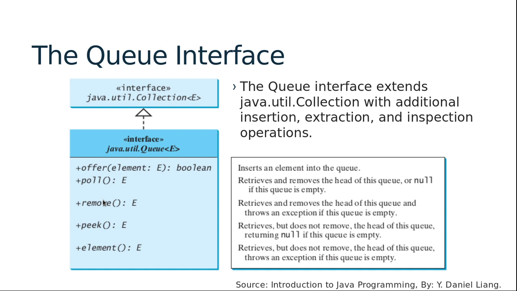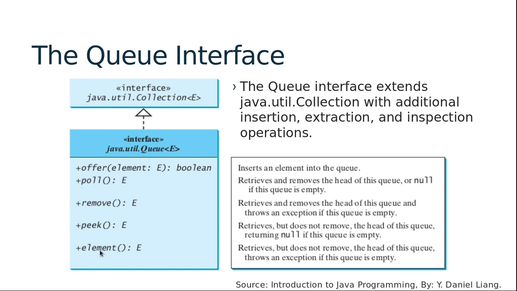But the difference here in poll and remove is, if your queue is already empty, then the poll method will return null, but the remove method will throw an exception. Likewise here, peek is going to return the first element.